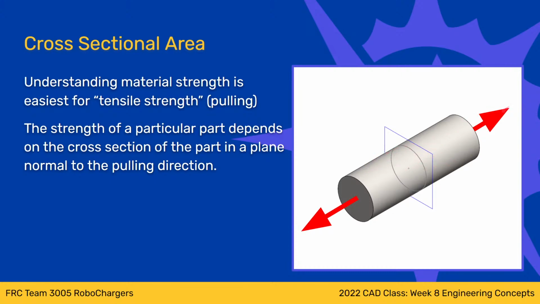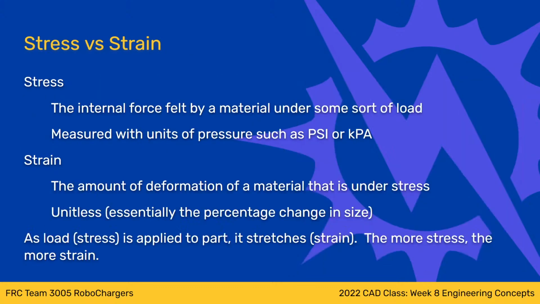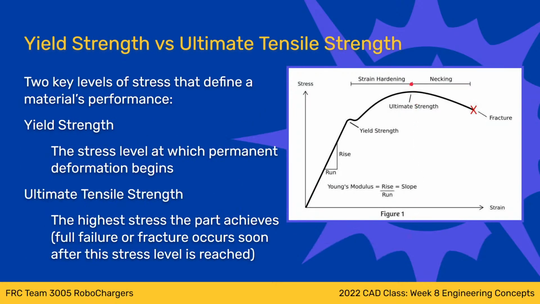If I were to pull this very, very hard, the material here in the middle would start to bow inwards. If you've pulled on a piece of silly putty, that's a good example. If you take a glob of silly putty and you start pulling it, the middle gets very thin, and the more you pull it, the thinner and thinner it gets, and you can even pull it to the point where you get these little wisps. Basically, metal will do that too, up to a point, and then once it necks to a certain point, it'll just crack. And essentially, that's what this region up here is.